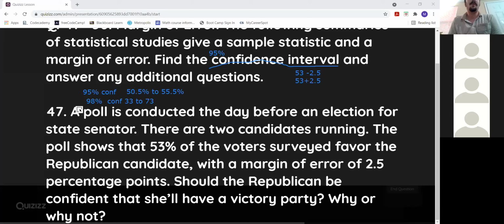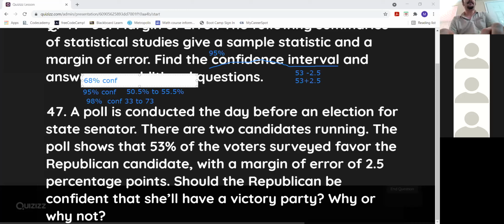If we have more confidence, we're going to have a larger interval. If we have less confidence, we're going to have a smaller interval.